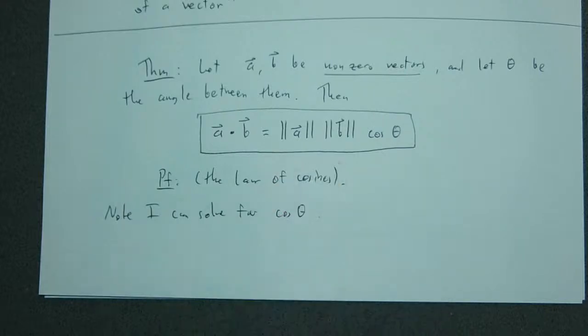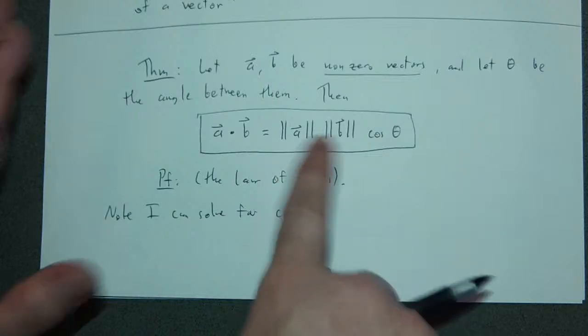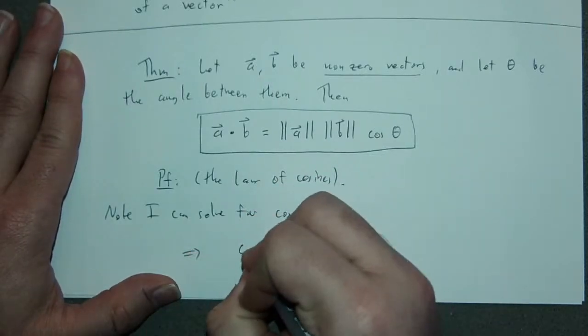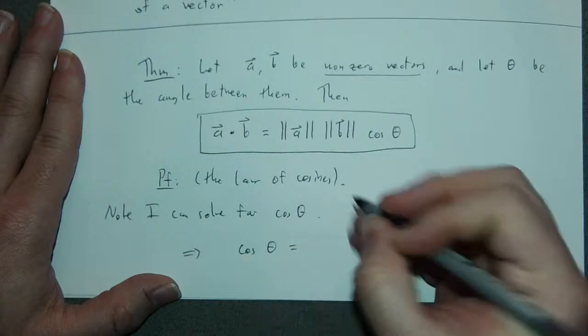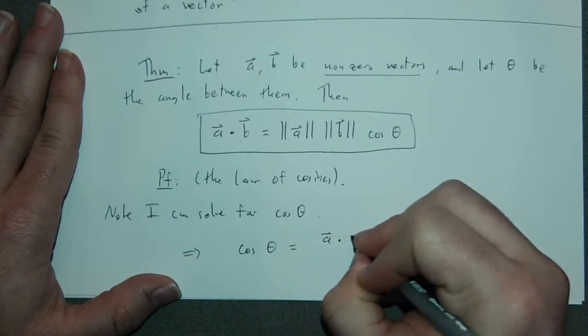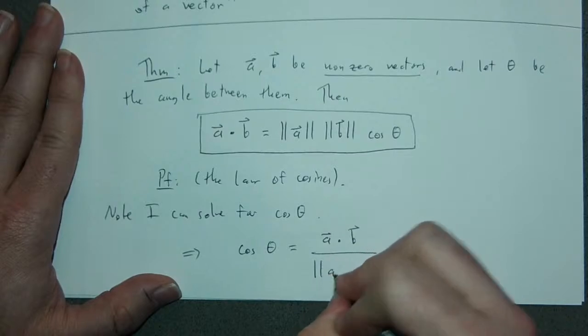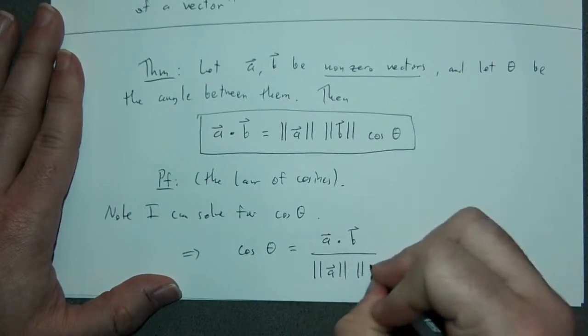So dividing by these numbers is fine, because I'm definitely not dividing by 0. So dividing by the length of A times the length of B, this tells me that cosine of theta is equal to A dotted with B over the length of A times the length of B.